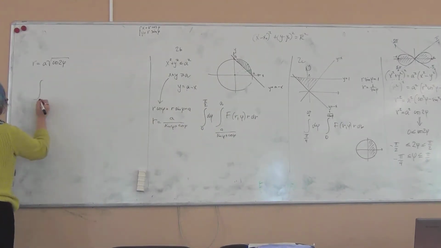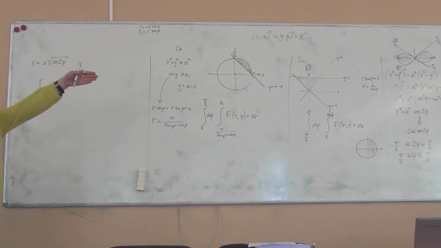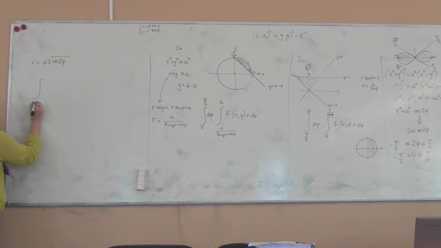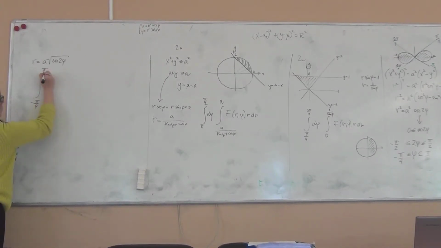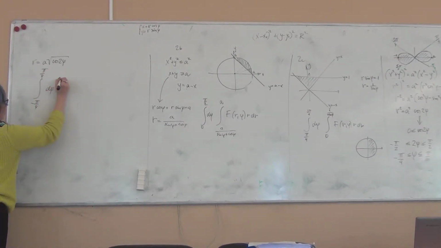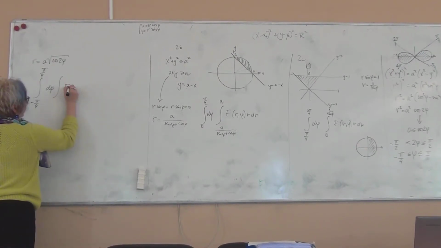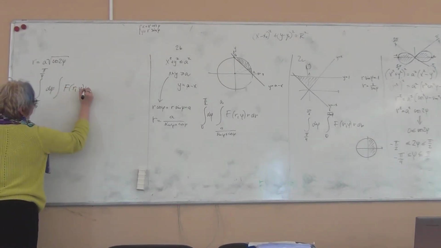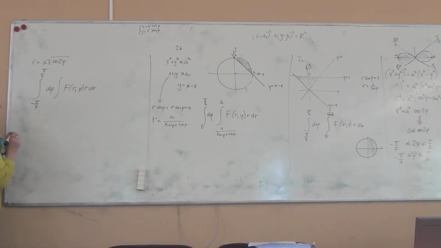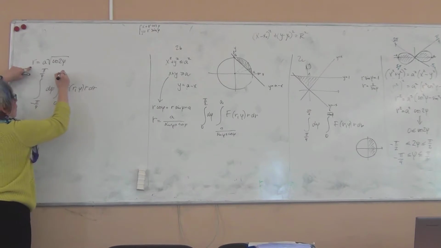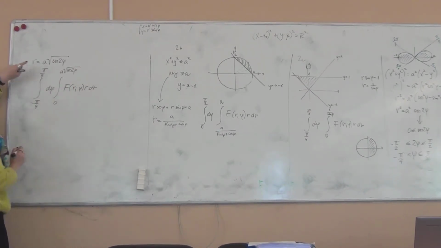Anyway, we can see that for that right part, from minus pi over 4 to plus pi over 4, by d phi, we have to integrate the integral of f(r, phi) r dr, from 0 to this a square root of cosine 2 phi.